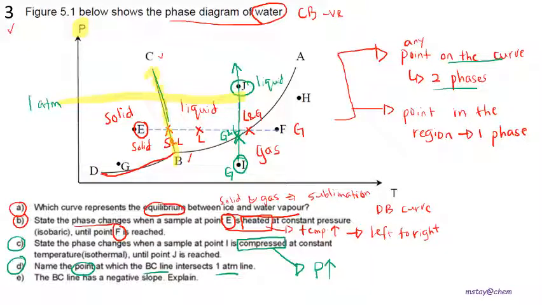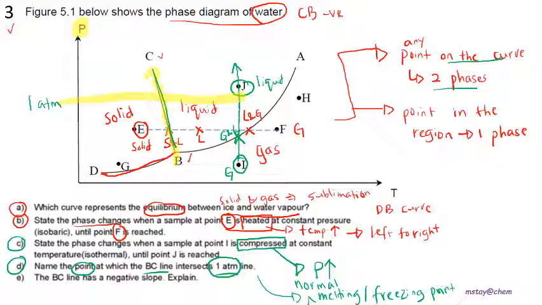BC line basically is a curve separating solid and liquid. So it is either the melting or freezing point. But because the question emphasizes 1 atm, we need to add one more term, which is normal. Any melting, freezing, or any physical change process that happens at 1 atm, in front of it you have to add one more word, which is normal.